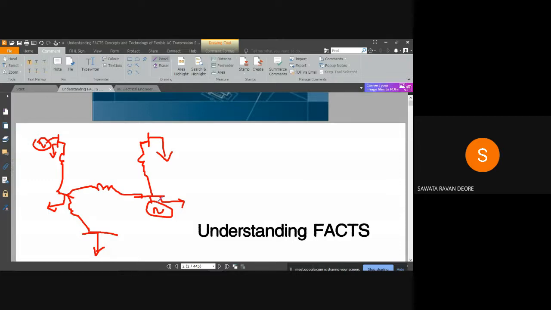So why do we need transmission line interconnection? That is what we first need to understand.